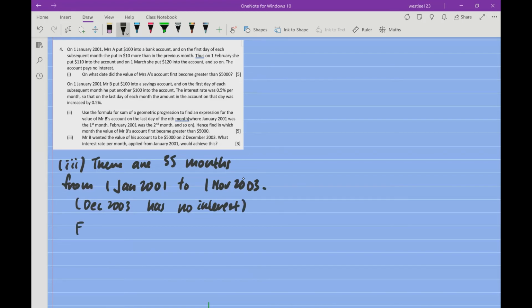So from part 2, we know that Sn equals 100(1.005 plus dot dot dot plus 1.005^n). But this time round, because the interest that we are looking at is no longer 0.5%, there is a change.